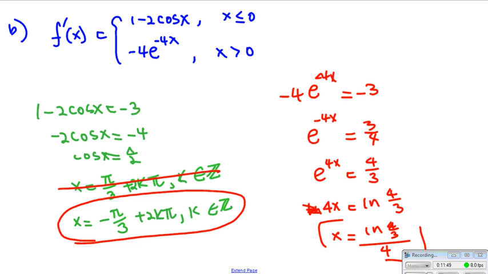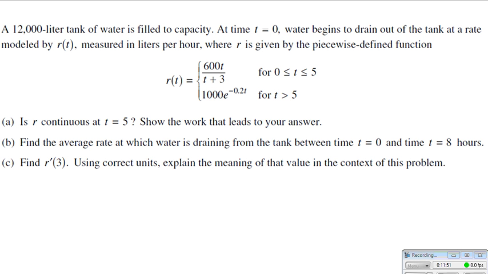Now, let us move on. Here, we are looking at a similar expression as before. Is R continuous? Once again, in order to see if something is continuous, R of 5 has to be equal to the limit of R of t as t approaches 5.